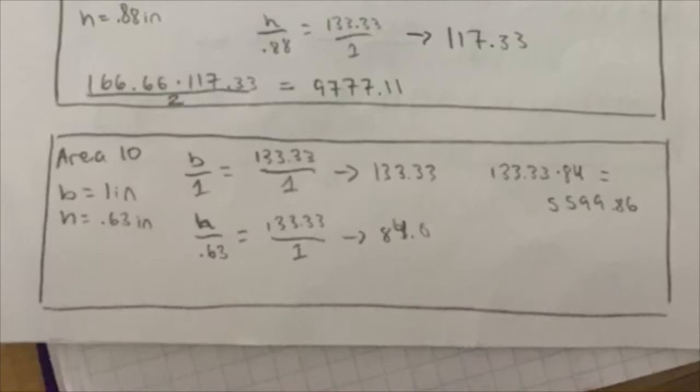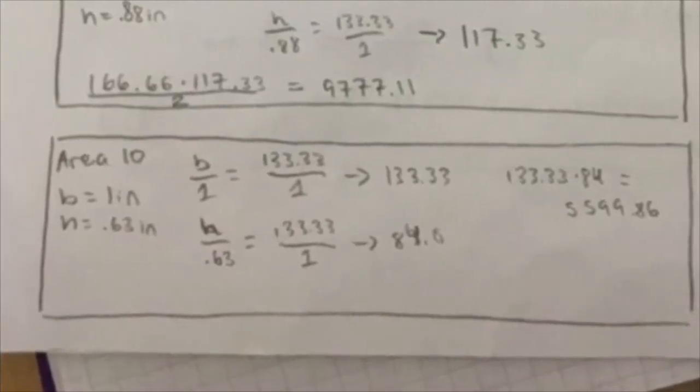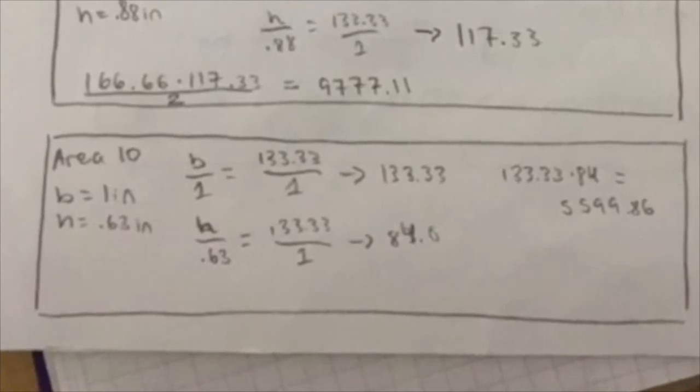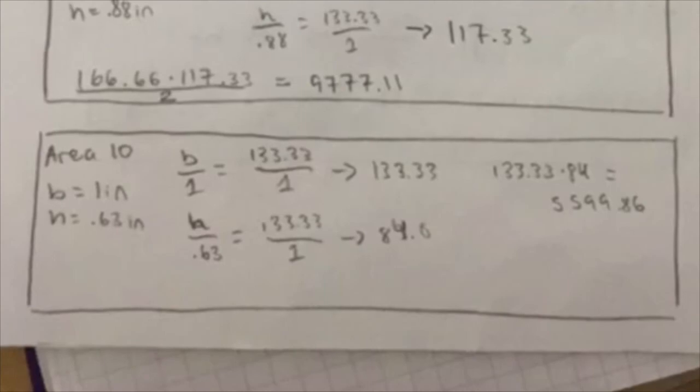Then for our base proportion, we did the same thing and put base over 1 inch is equal to 133 miles over 1. Then we cross-multiplied and got the answer of 133.33. Now to find the area, since the shape was a triangle, we multiplied the base, which was 1 inch, by the height, which was 0.63 inches, and got 5,599.86 miles squared as the area.